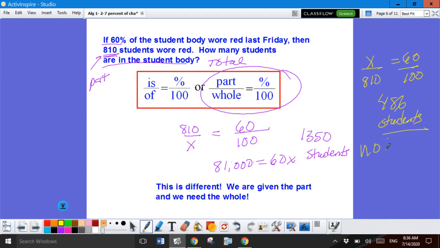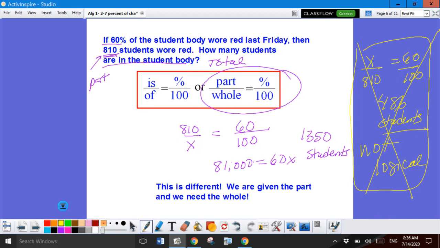This is not logical. So when I mess up on these types of problems, my answer is ridiculous. I know that I'm looking for a total, and the total should be more than the other number. So there's no way that 486 students is my total. So I know that I didn't do that correctly. So be very cautious when you're working on these that you are actually solving them correctly.